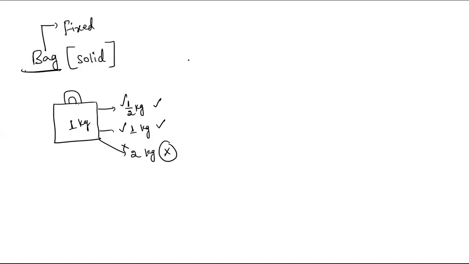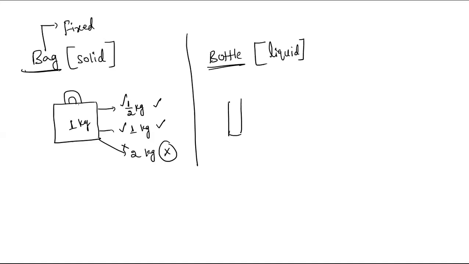I'm going to use one more container, like the bottle I already used. What's the purpose of this bottle? To store anything in the form of a liquid, maybe water or juice or something like that. So anything which is in liquid format, we will use this bottle to store. Again, the same thing a bit quickly. If the bottle is of 1 liter capacity, can we store less than 1 liter?